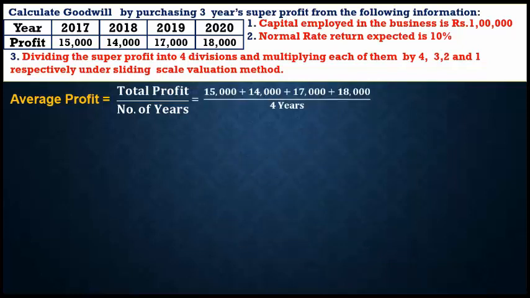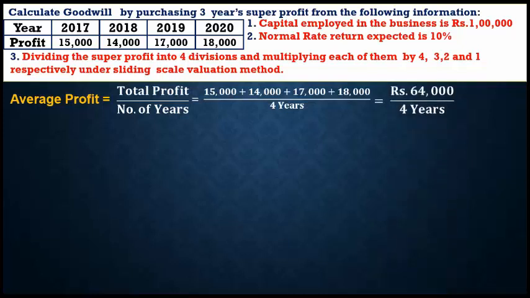First year profit 15,000, second year profit 14,000, third year profit 17,000, fourth year profit 18,000, divided by 4 years. Why have we taken 4 years? Because the profit is given for 4 years. That's why I have taken 4 years as denominator.